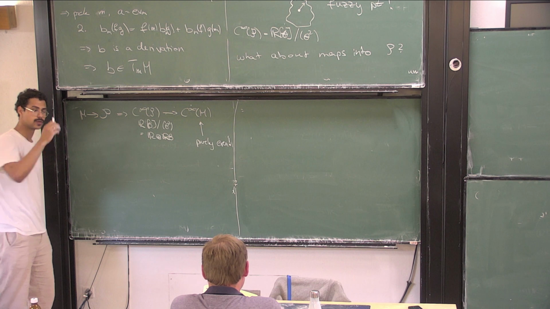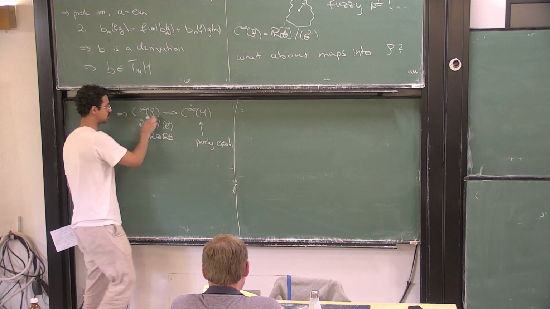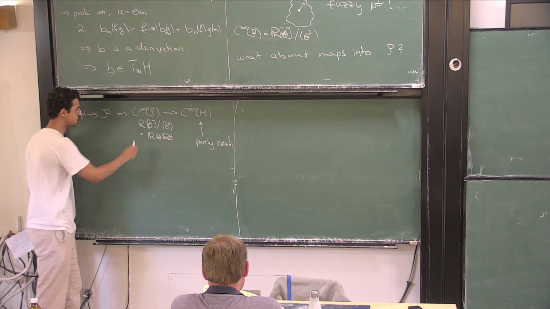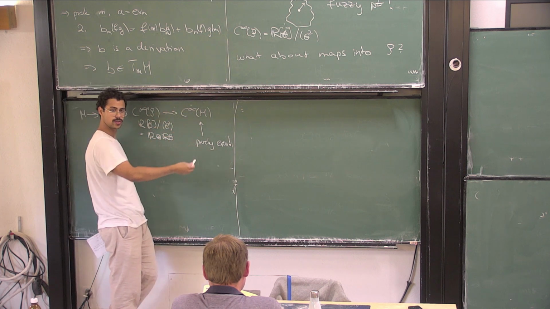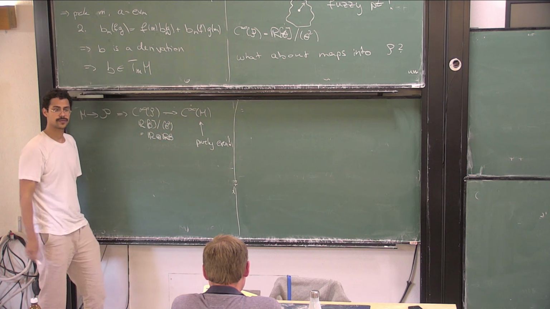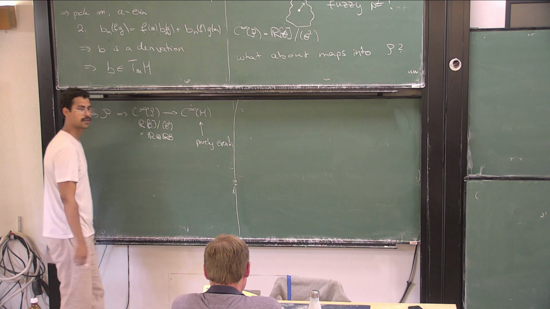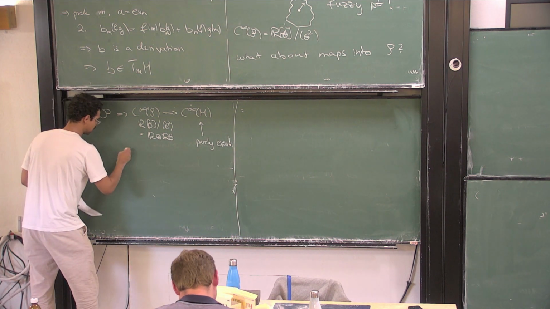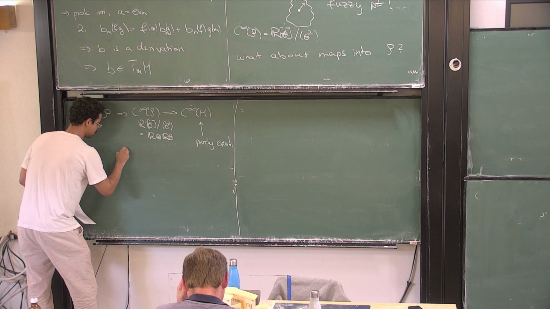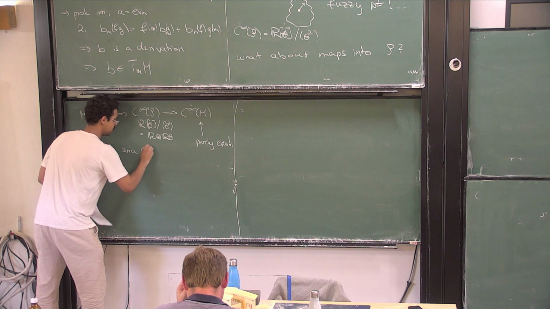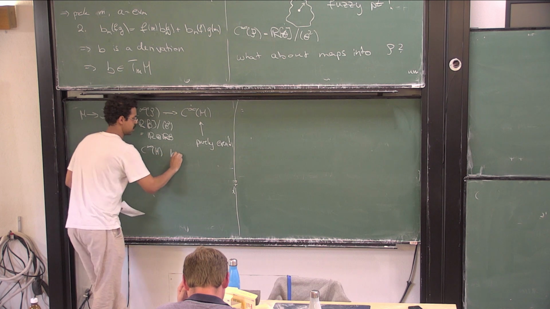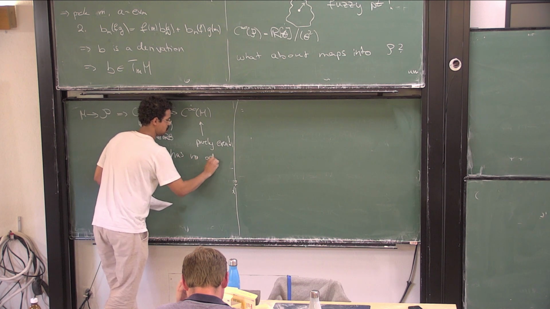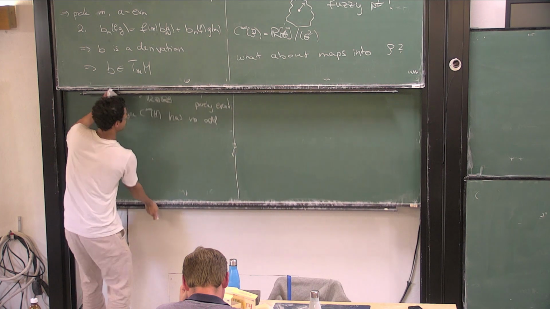Okay? It's just even. So the question is, where will we send theta? It can only be sent to 0, because this is still an algebra homomorphism and theta squares to 0. So whatever we find must also square to 0. It should be the constant 0 map, since C of M has no odd part.